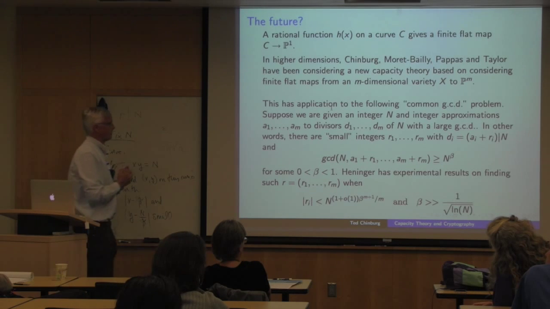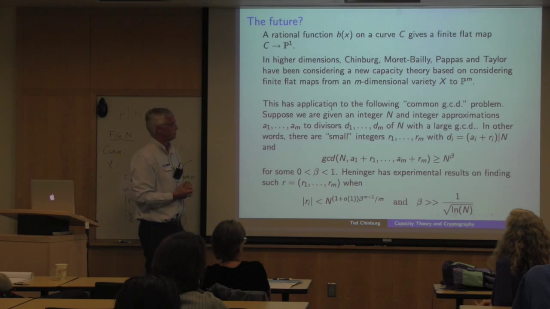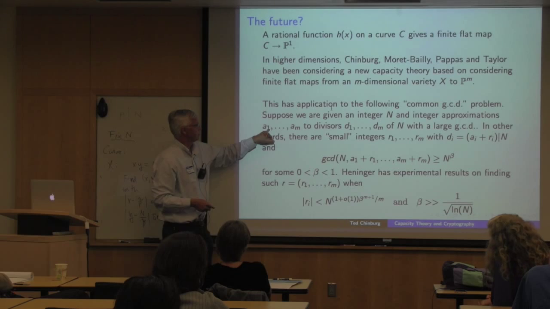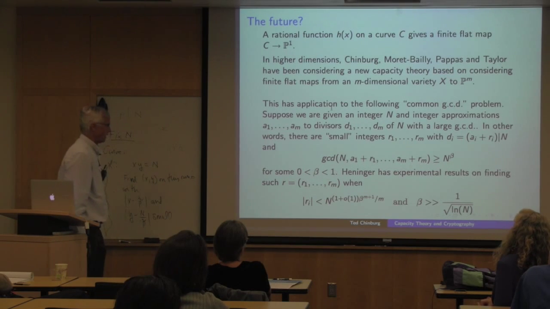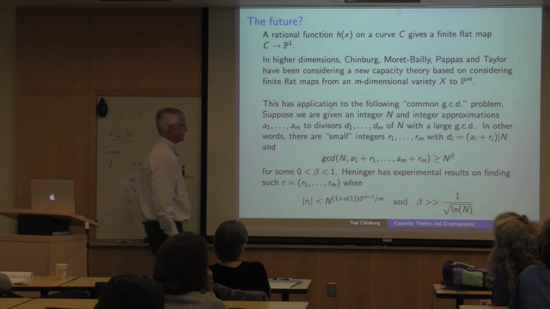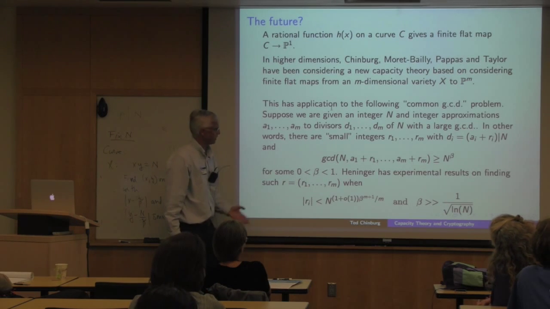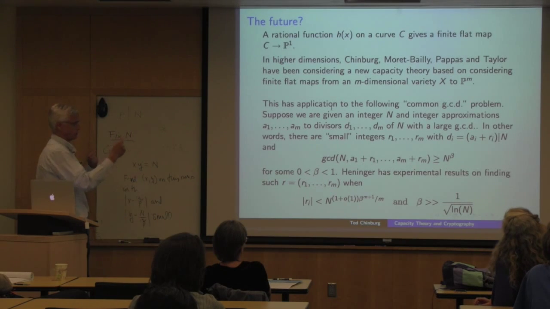But I'm fudging them a little bit. I only know them up to some errors. So instead of knowing the divisors, I only know approximations to them where the errors are small. And what is interesting is then to try to see, okay, if the errors are really small, can you determine all those things, given that the GCD of all these divisors is relatively large in comparison to n?